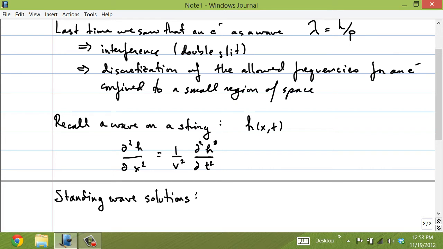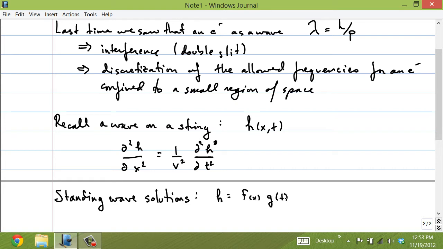In particular, those waves that have a periodic repeating structure, rather than those waves that describe some propagating water wave or some propagating displacement of the string that will move at some constant velocity. And these are, in fact, the simplest solutions of this wave equation.